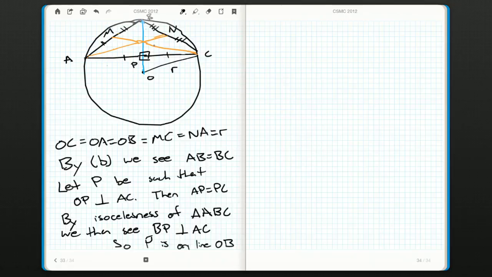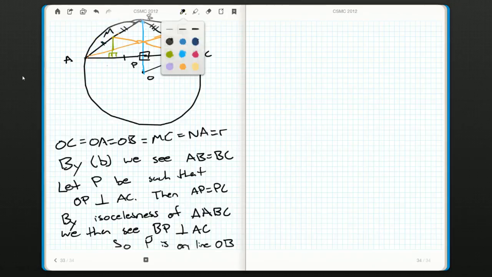What would happen if I dropped a perpendicular down here? I'll give that a point and name.